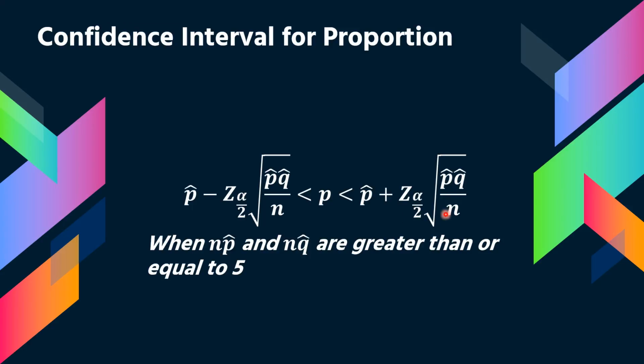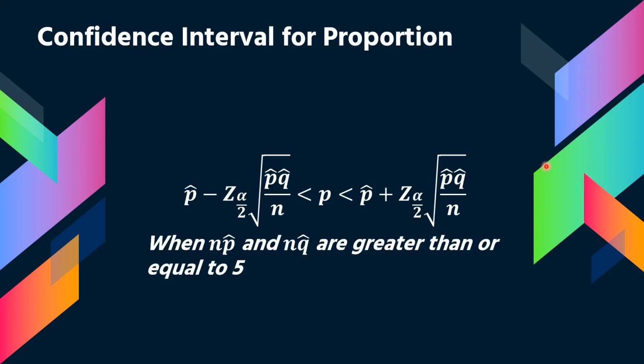Okay, so this formula is very specific. We can only use this formula if the product of the sample size and the Q hat, or the sample size and the P hat, is greater than or equal to 5. If the product of the two quantities is not greater than or equal to 5, then we could not use the formula.